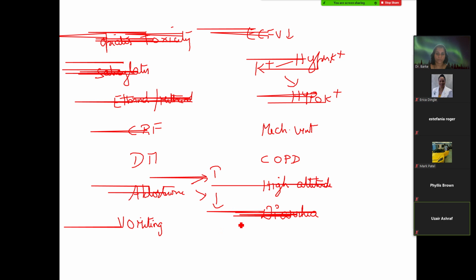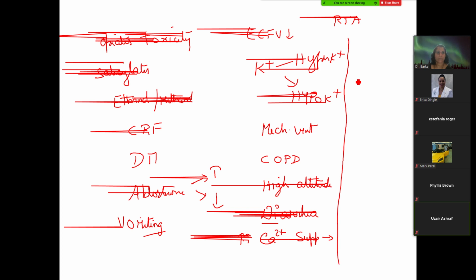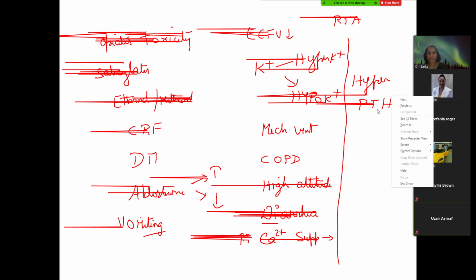Hope you can understand what I've written. So this is vomiting, diarrhea, and too much intake of calcium supplements. Renal tubular acidosis. Any disease, hyperparathyroidism. Okay, let's do it one by one now.